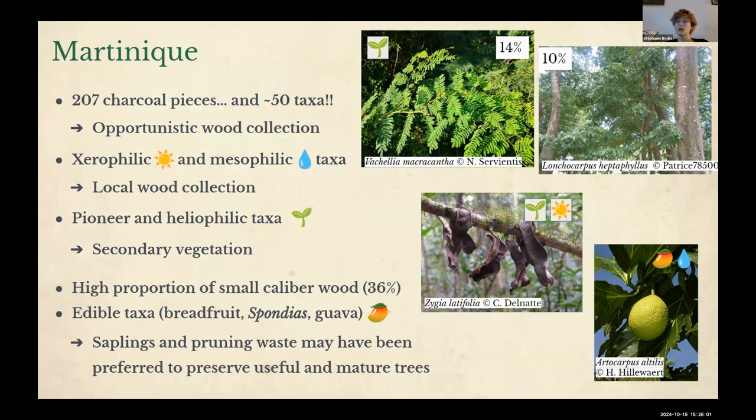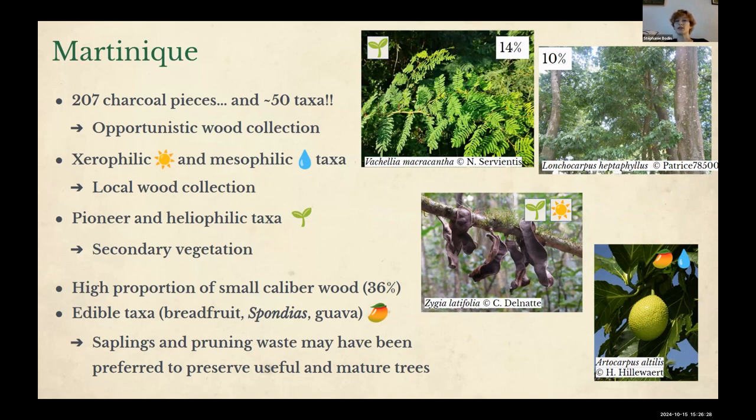There is no strong wood selection. Some species were more abundant in the charcoal record. We have 14% of Bachelia, which was formerly acacia, and also Loncocarpus, and both are known as a good fuel wood nowadays. But still, I wouldn't talk about a strong wood selection.